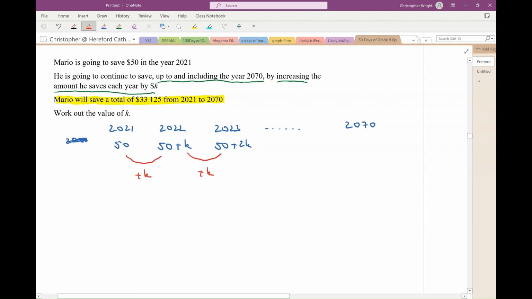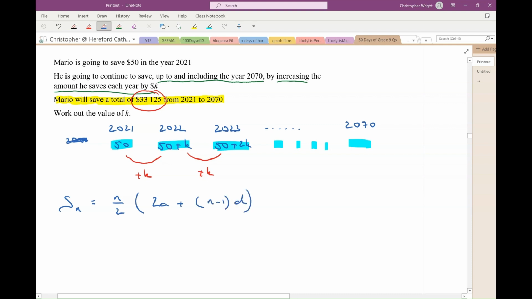Now we're told that the total that he's going to save is £33,125. So we know the total of all of these terms, all the way up to that term there. We know what they all add up to. And we have a formula for the sum of an arithmetic sequence: the sum of the first n terms is n over 2 multiplied by twice the first term plus n minus 1 times the difference between each term.